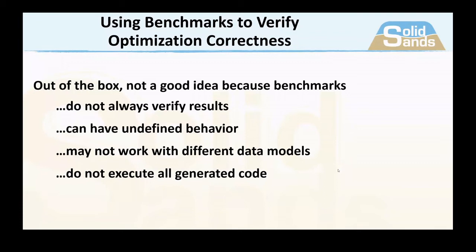Also, benchmarks can have undefined behavior, especially for different data models. So if you have a smaller integer size, for example, you might run into integer overflow inside the benchmark. And finally, benchmarks do not execute all of the generated code. And that is what I will demonstrate now.